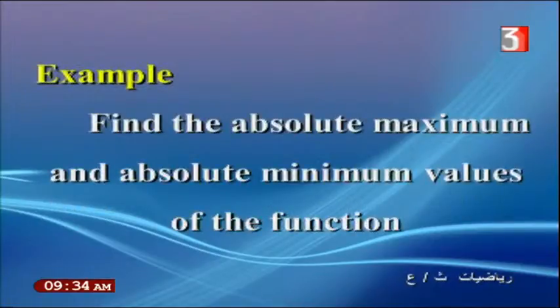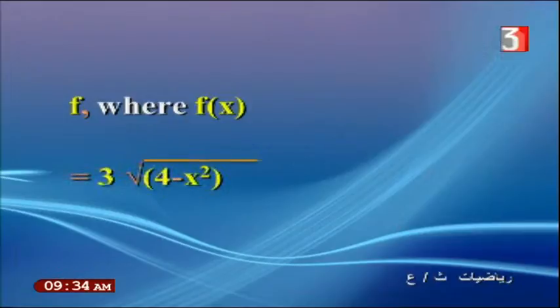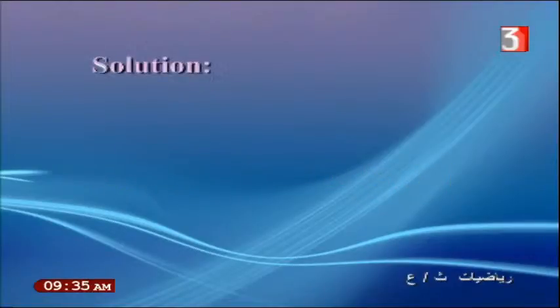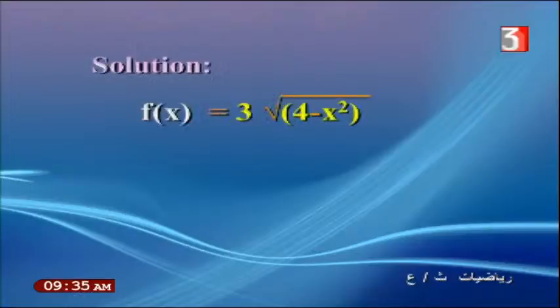Find the absolute maximum and absolute minimum values of the function f, where f of x equals 3 multiplied by the square root of 4 minus x squared, in the closed interval [0, 2]. First, we have f of x equals 3 multiplied by the square root of 4 minus x squared.